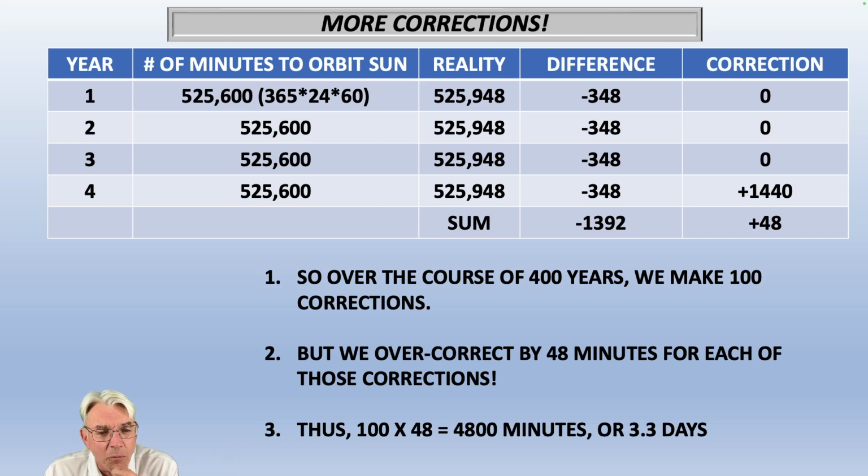But we don't want to get to a situation where we're so far out of whack with the way the solar system works that our seasons are drifting. We don't want winter starting in June. So we make these corrections every so often to get us back on track. I guess I would call it a mid-course correction, if you will, and that's what this is all about.